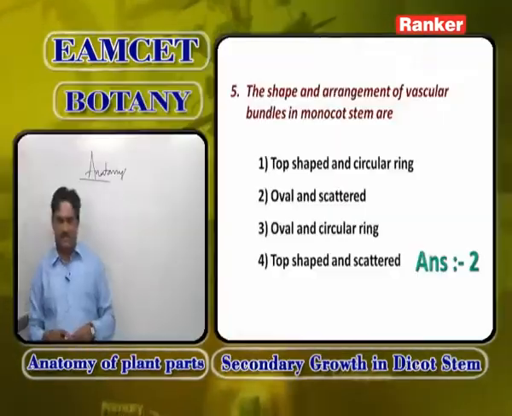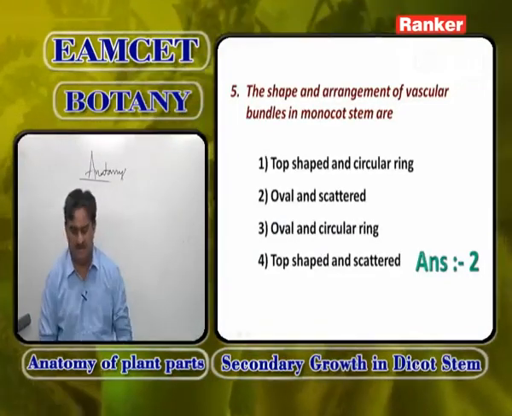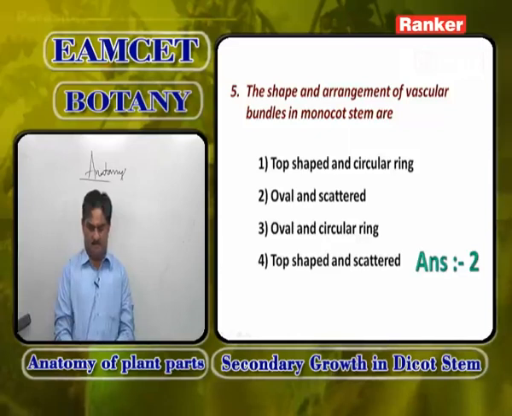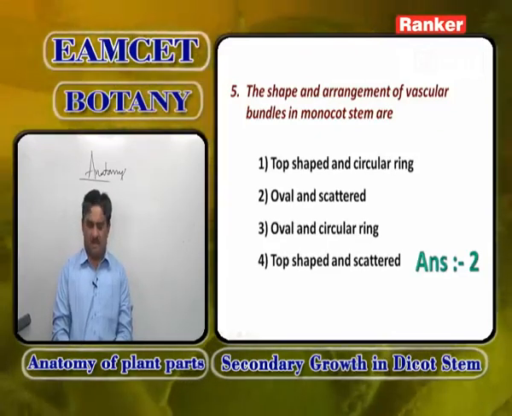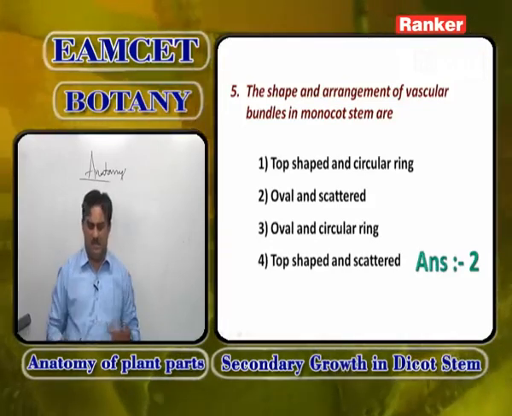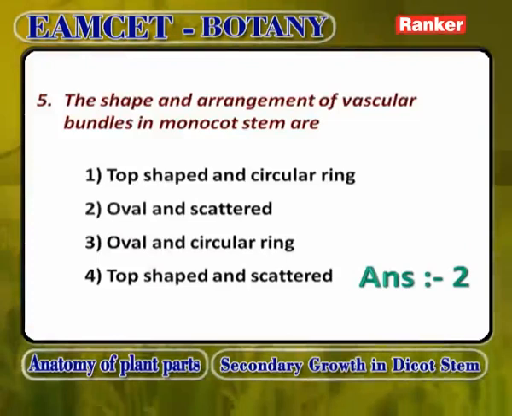So the vascular bundles in a monocot stem are not arranged in a circular ring; that is the dicot stem. Top shaped and scattered is also wrong. The answer is oval shaped and scattered vascular bundles throughout the ground tissue. Second option.